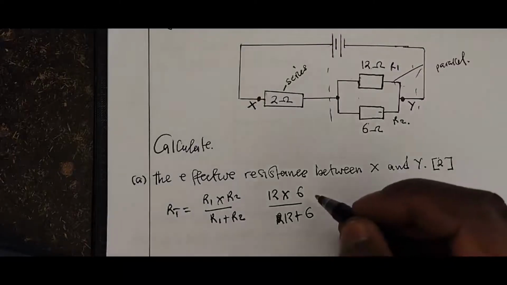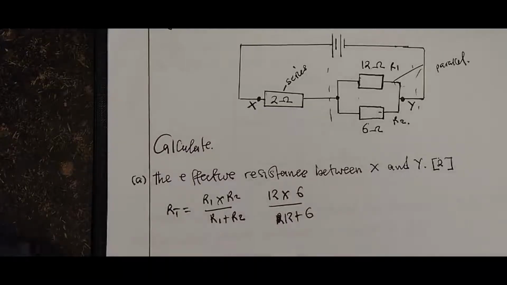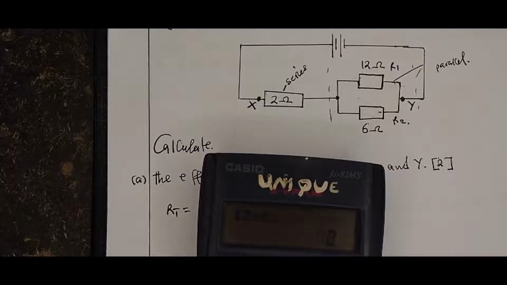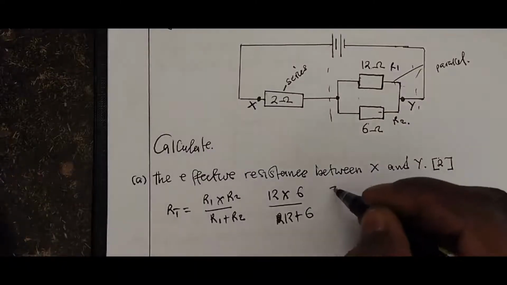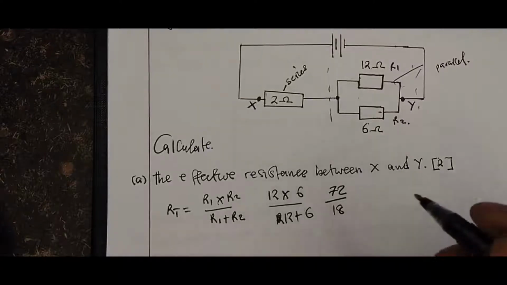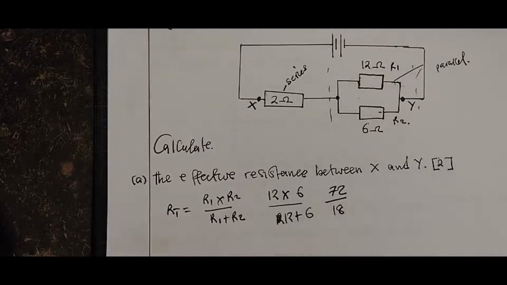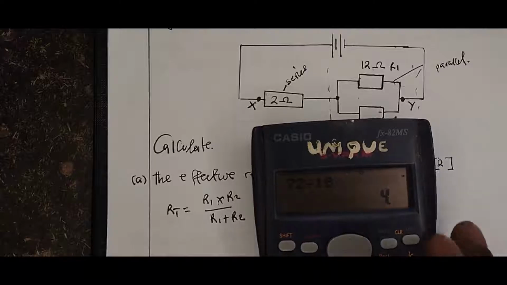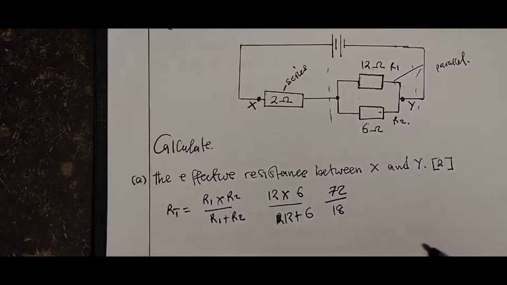So in this case, if you multiply 12 by 6, the answer is 72. Now 72 divided by 18, that is 72 divided by 18, we are going to have 4.